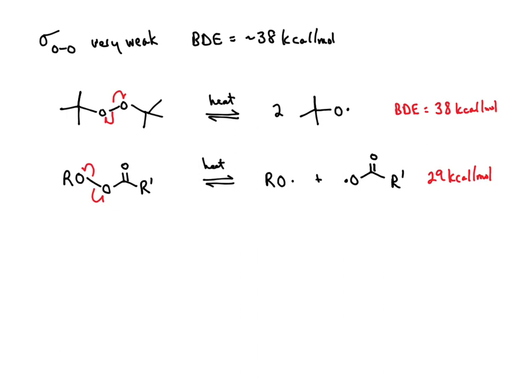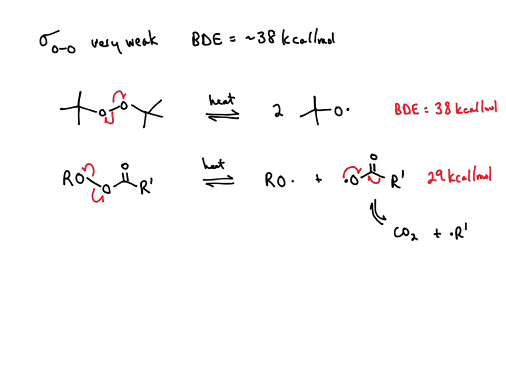Okay. Now, this particular radical can actually undergo a cleavage itself. And so what can happen is you can get decomposition of that carboxy radical to give you CO2 plus an alkyl-based radical.